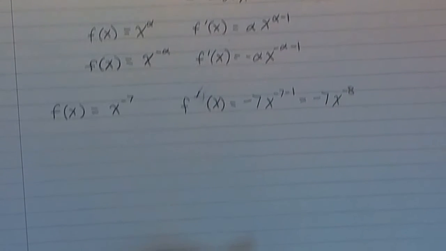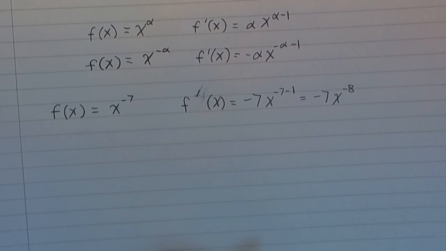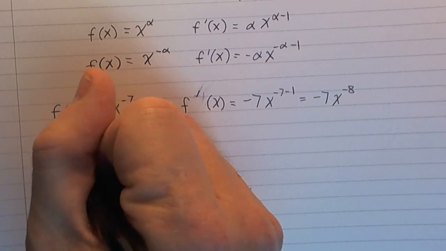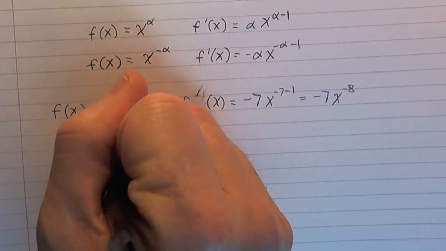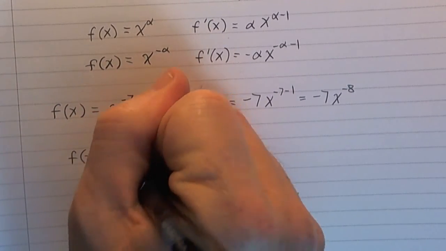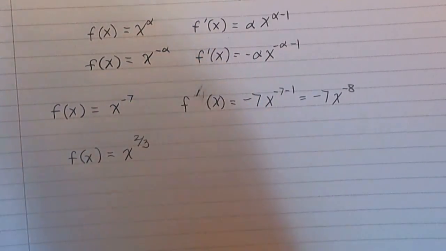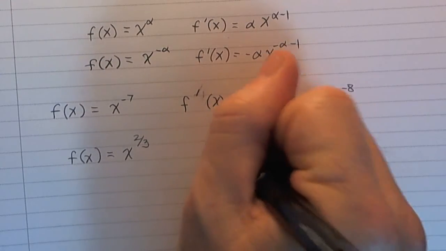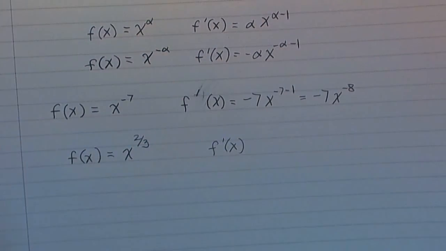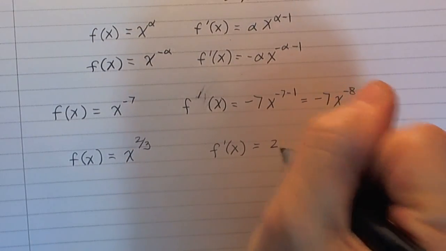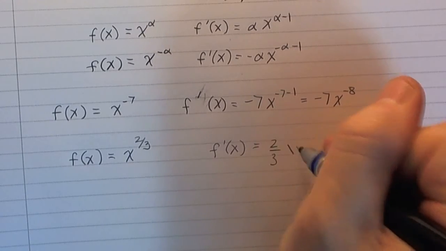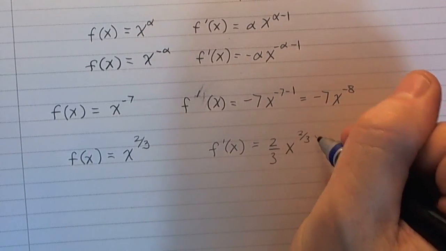Now, look, this thing also works for rational numbers. Now, I'm not going to verify that for you yet. Let's just take that as a given, that if you have something like this, let's suppose that you have x to the 2/3 power. What I'm saying is the derivative is going to be 2/3 x to the 2/3 minus 1.